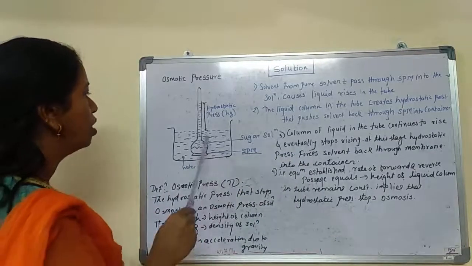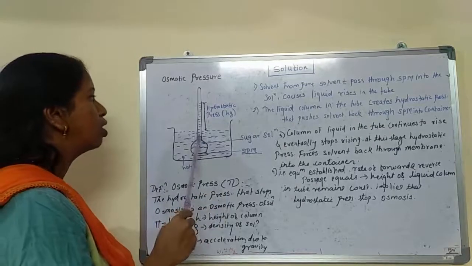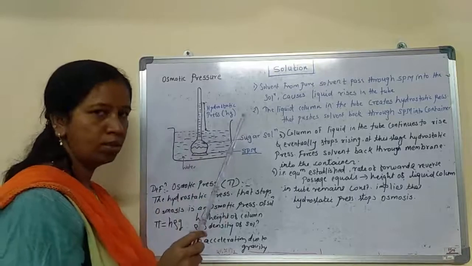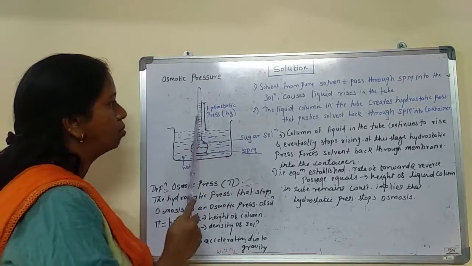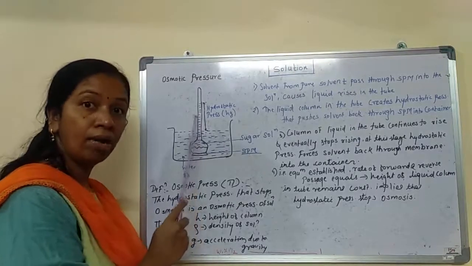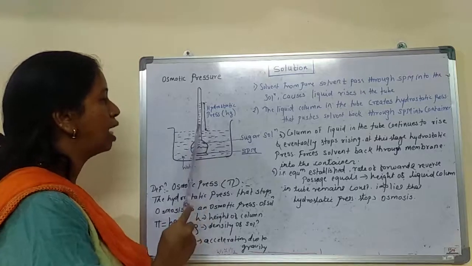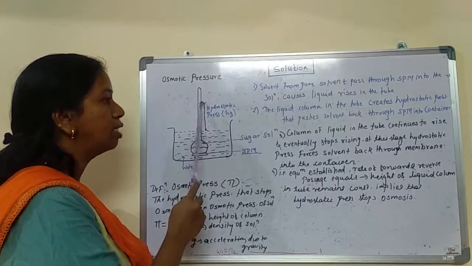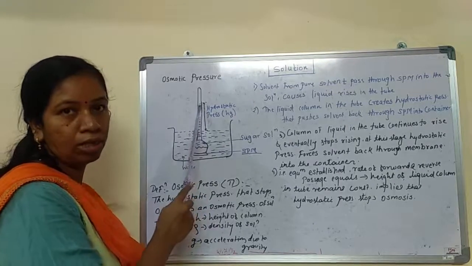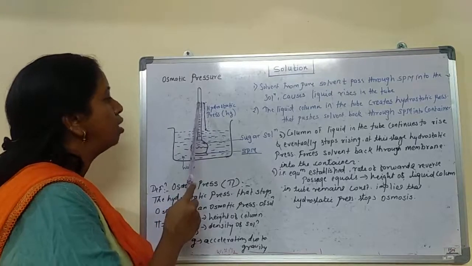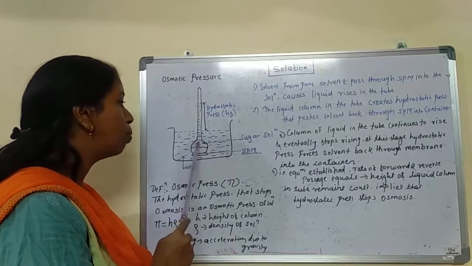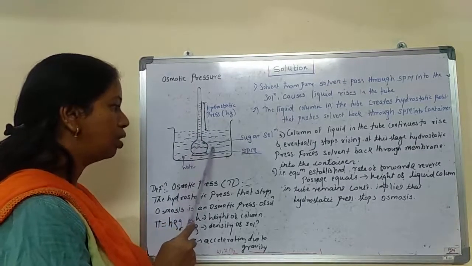The column of liquid continues to rise, and at one stage it stops rising. At this stage, the hydrostatic pressure forces the solvent to come back through the SPM into the container.